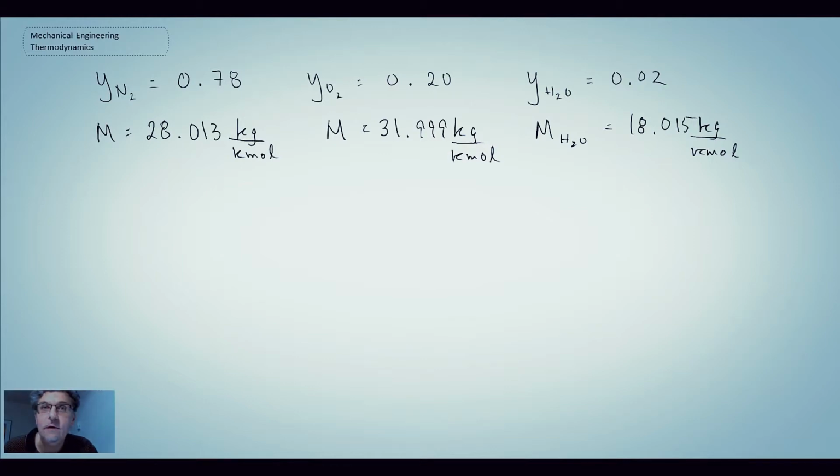Now we can use the equation that we looked at in the previous segment, and that is for the molar mass of a mixture. If you recall, we said that it was the summation of each of the different mole fractions multiplied by the molar mass of each of the different components. We know the mole fractions, and we know the molar masses, so we can go ahead and evaluate this for our mixture.